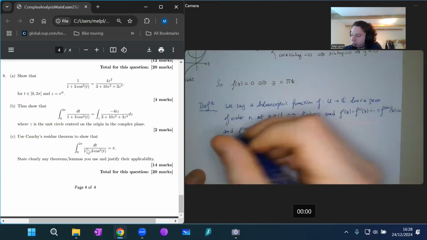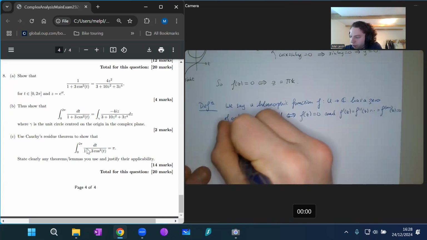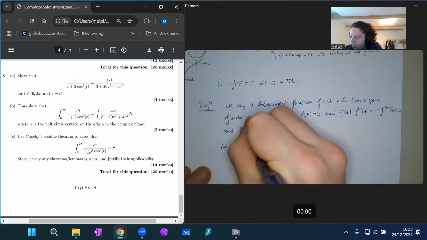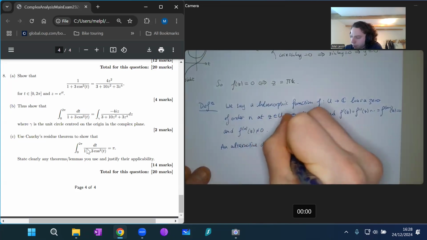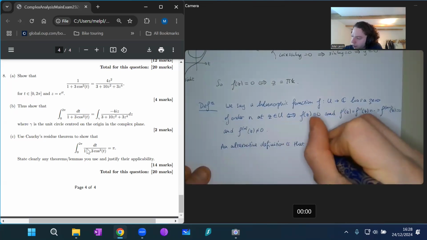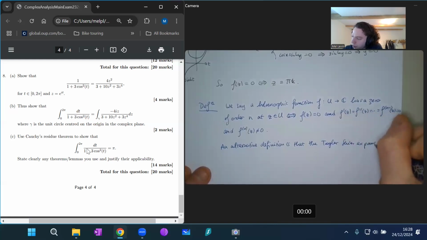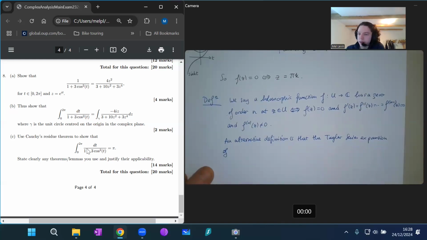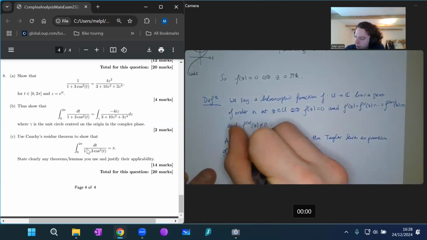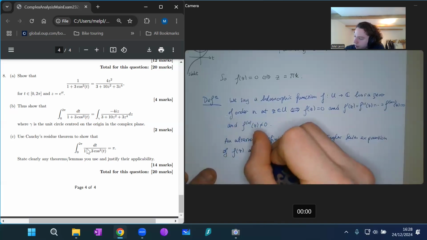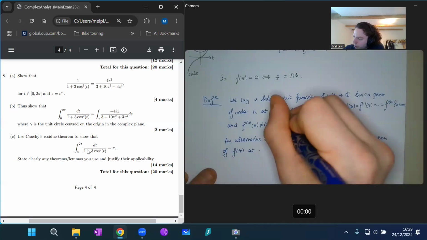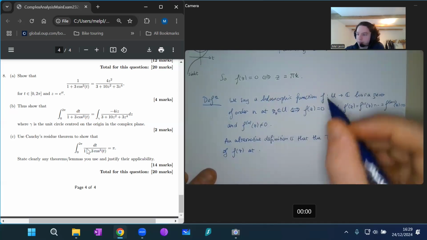An alternative definition is that the Taylor series expansion of f of z at, let me call it z naught, has a zero of order n at z naught.